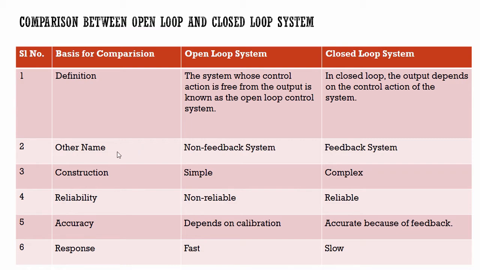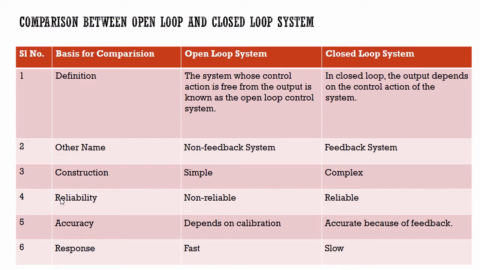The other name for the open loop system is a non-feedback system, because there is no feedback, whereas the closed loop system is a feedback system. Construction-wise, open loop is very simple, whereas in a closed loop system more components are added in the form of feedback, so it becomes more complex to operate.